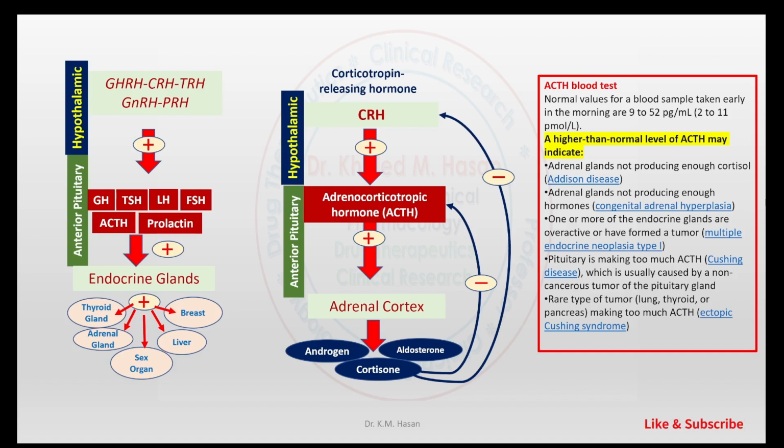This may indicate adrenal hyperplasia. This may indicate a tumor somewhere, multiple endocrine neoplasia. Also, when you have ACTH high, this may indicate Cushing disease. It could be related to the primary, or could be related to some tumor releasing ACTH, such as in the pancreas, lung, or thyroid.